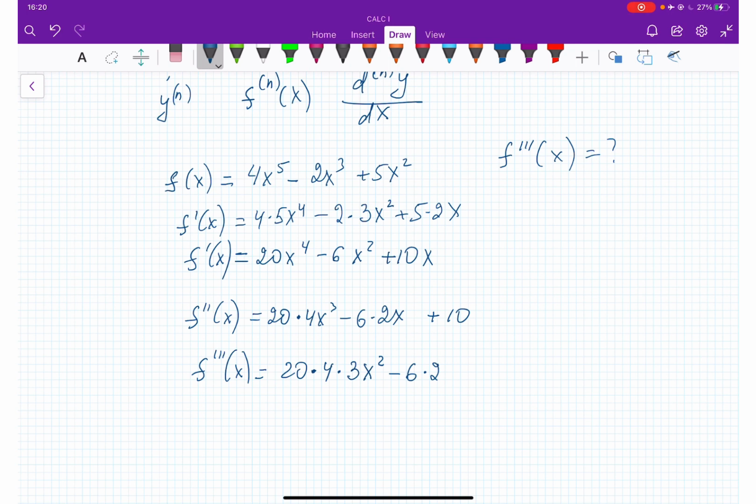So it's going to be simply 12, and the derivative of 10 is going to be 0 because we have a constant. And the result is 80 times 3, 240x squared minus 12. This will be the third derivative.